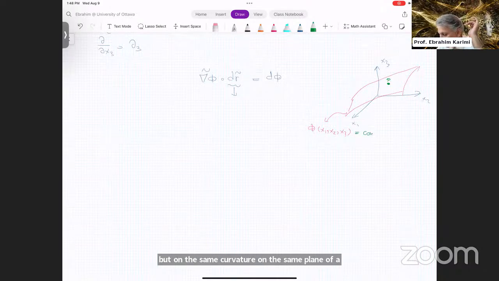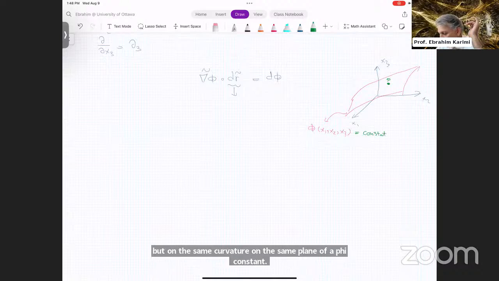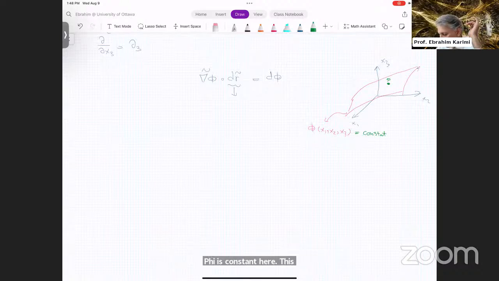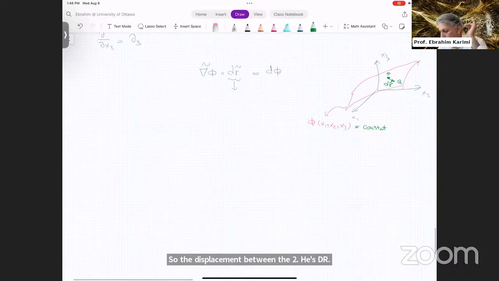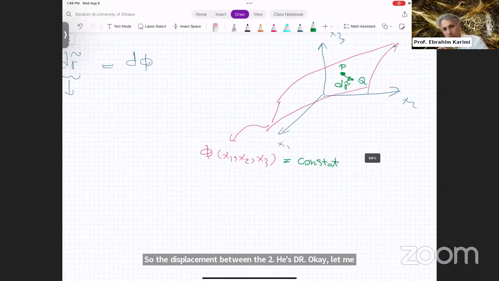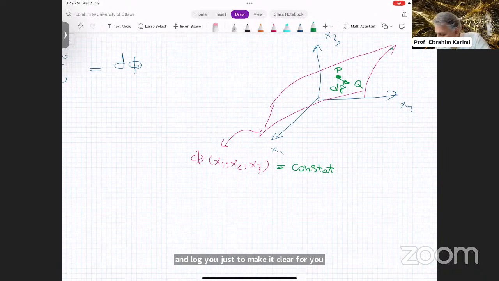Phi is constant here. And then I will go here, which is the point Q. So the displacement between the two is dr. Let me enlarge it just to make it clear for you. This point Q can be anywhere in the plane. It can be here, here, or here. Any points close to the point P.